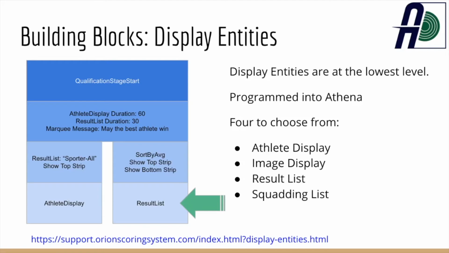You can't author your own display entities, at least not yet. They're just part of Athena. Again, the 4 options are the athlete display, image display, result list, and squatting list. And the link at the bottom of this page will take you to our documentation about the 4 display entities and the options you have available for them.